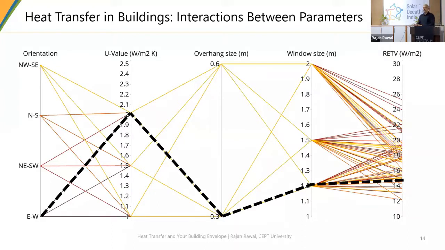And some kind of energy performance index was derived. What we are showing you is, rather the other way around, what your RETV would finally be, in the fifth vertical line. If you have east-west orientation, a window U value of 2, an overhang size of 0.3, and a window size of 1.2, then you will achieve an RETV of 50.